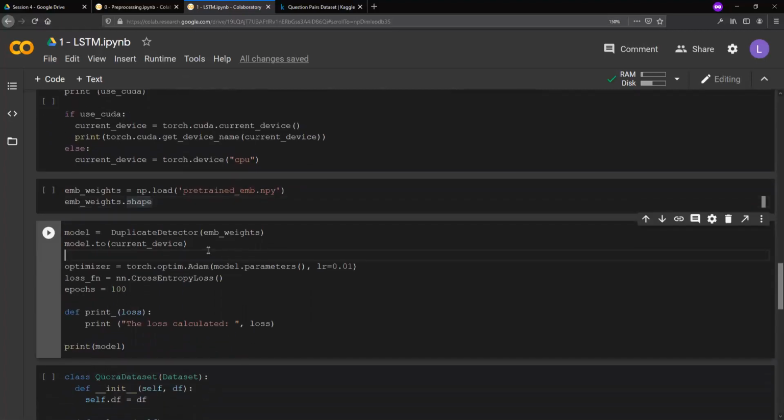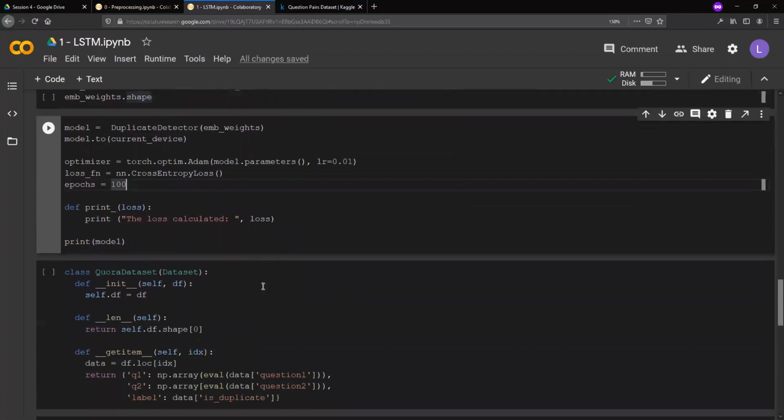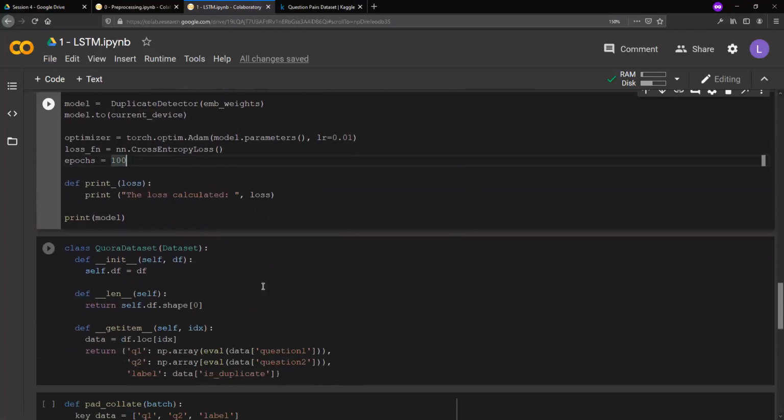And here, we're going to build our model and move it to the proper device. So if we have GPU capability, we're going to move it to the GPU. Then specify the optimizer, the loss function, and the number of epochs.